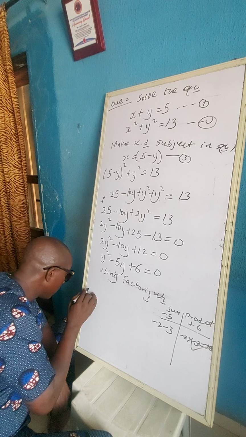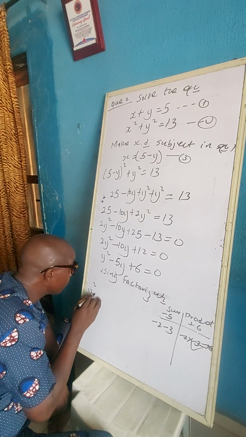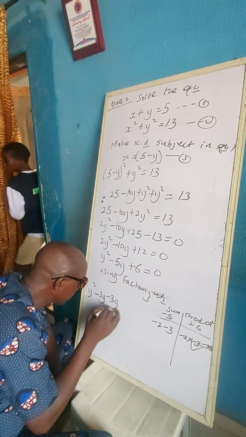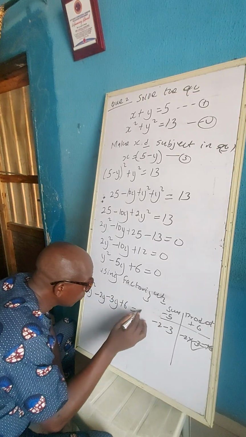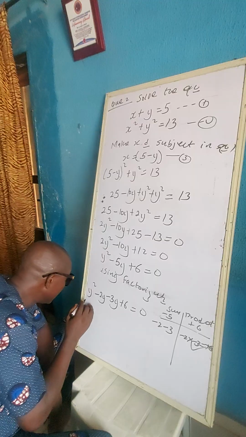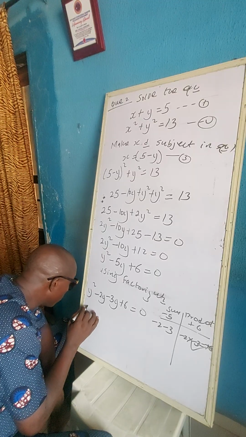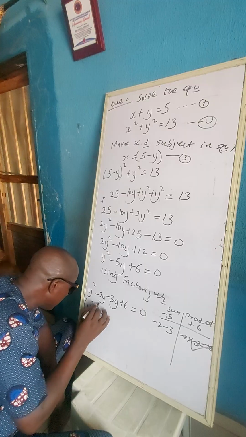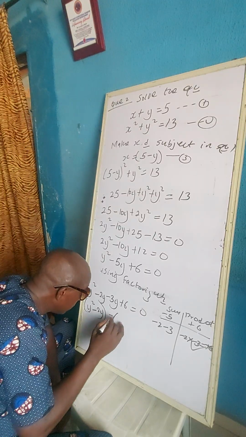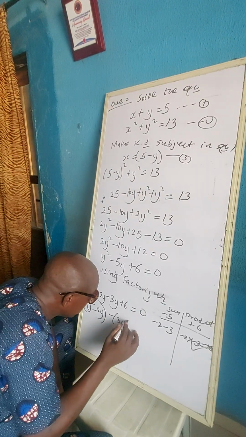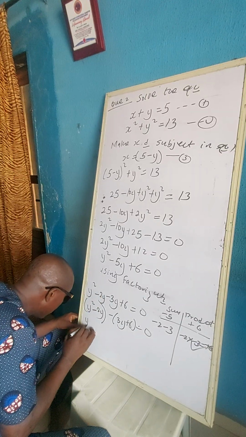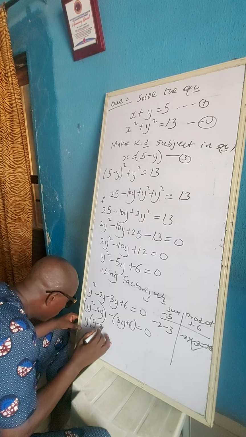We use this, then it becomes y squared minus 2y minus 3y plus 6 equal to 0. Bracket it: y squared minus 2y, bracket it, minus bracket open 3y plus 6 equal to 0. What is common here? y minus 2.